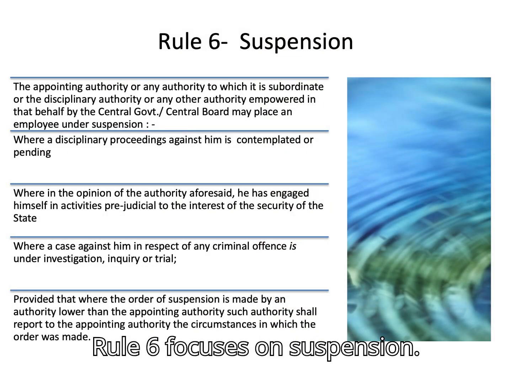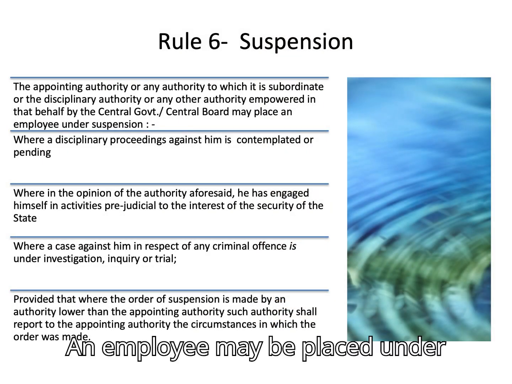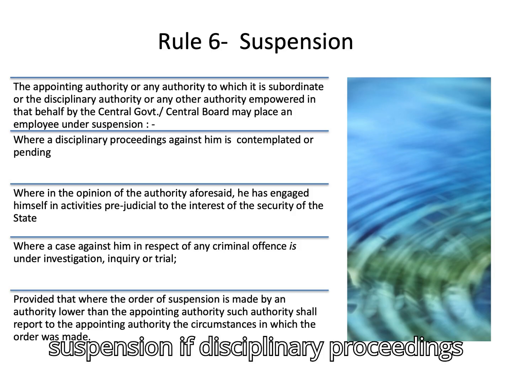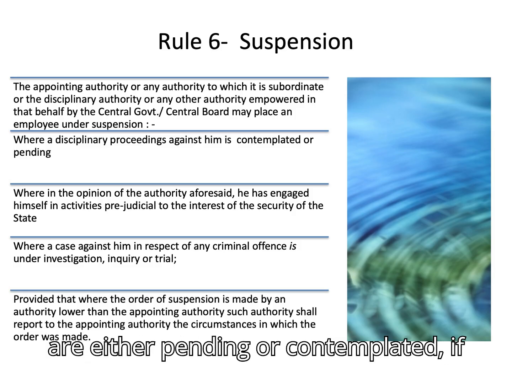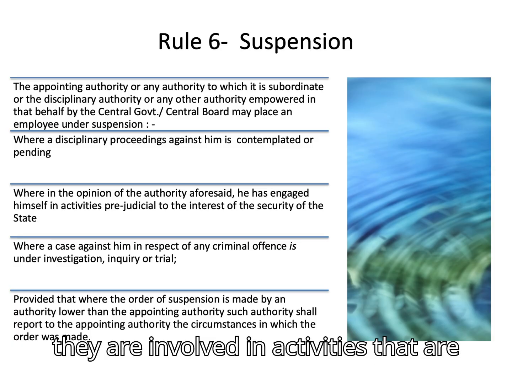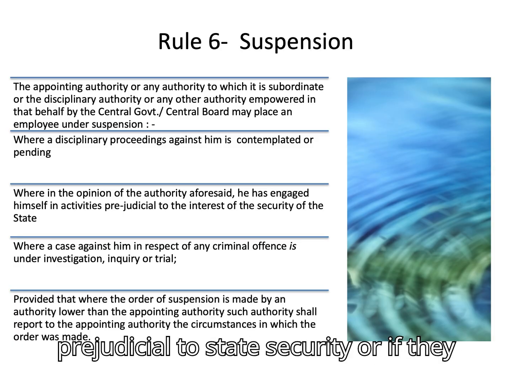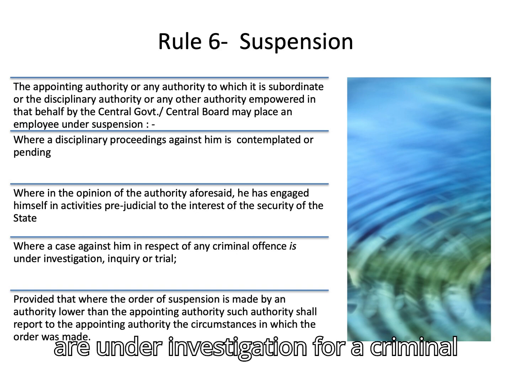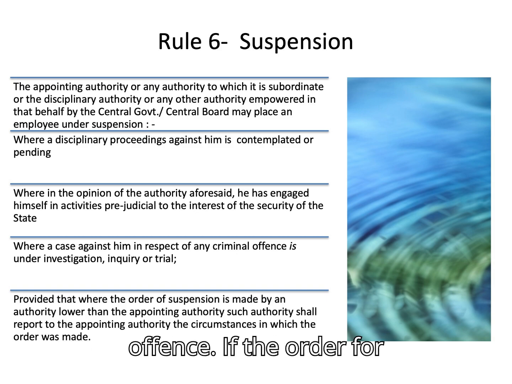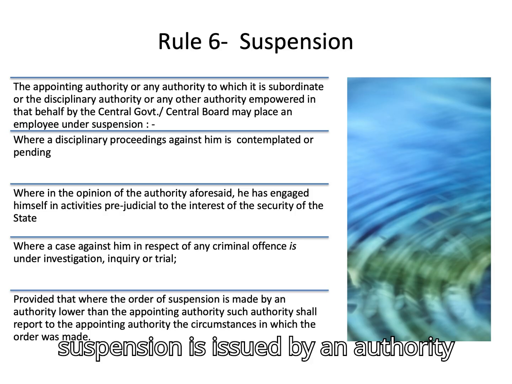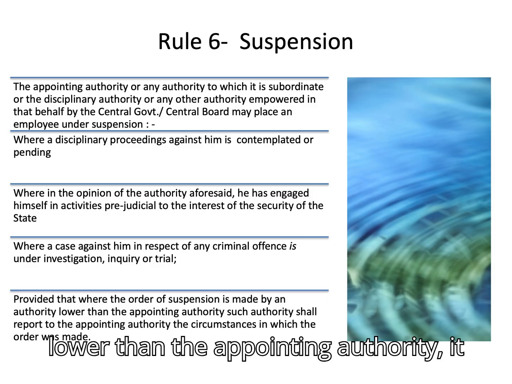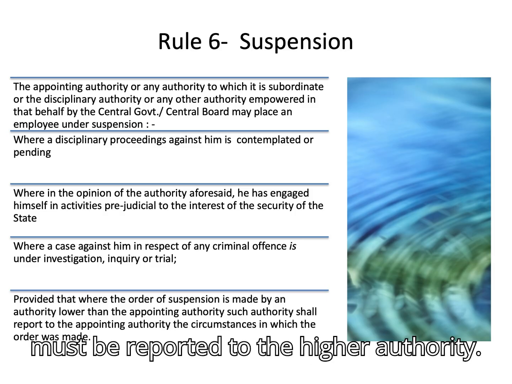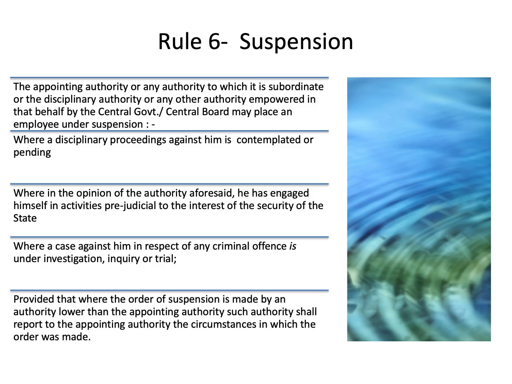Rule 6 focuses on suspension. An employee may be placed under suspension if disciplinary proceedings are either pending or contemplated, if they are involved in activities that are prejudicial to state security, or if they are under investigation for a criminal offense. If the order for suspension is issued by an authority lower than the appointing authority, it must be reported to the higher authority.